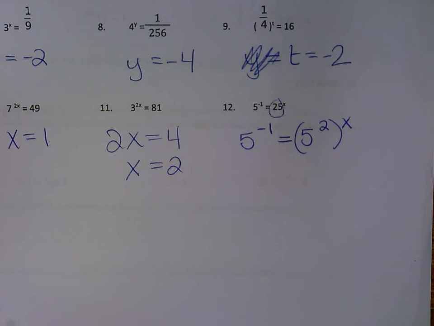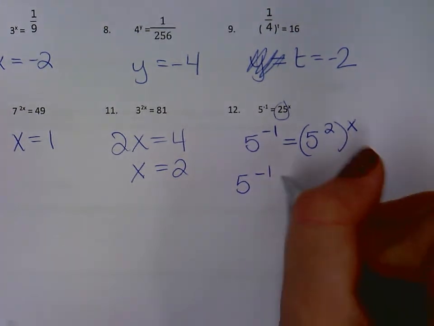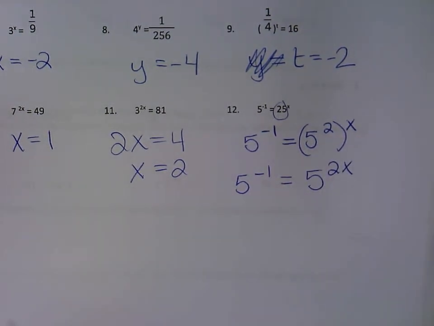What am I allowed to do with my exponents here? I can multiply, right, and get 2x. So I can write 5 to the negative first equals 5 to the 2x power.